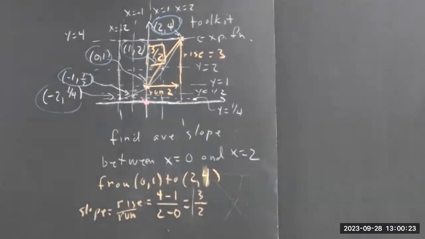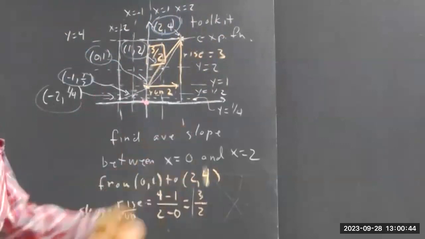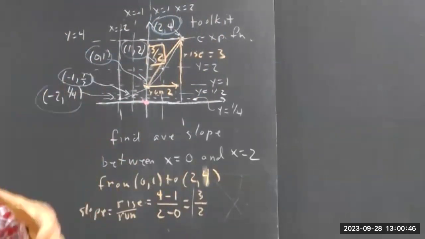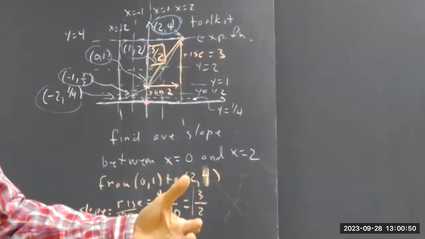So I defined average rate of change previously as changing that over changing this. And I think we talked about, well, if that is y and this is x, then it's change in y divided by change in x, right? Or, I think I addressed this in the video that I did Sunday. Change in output over change in input.